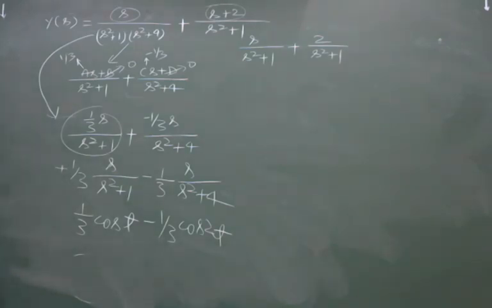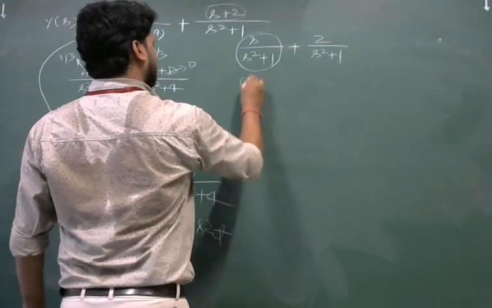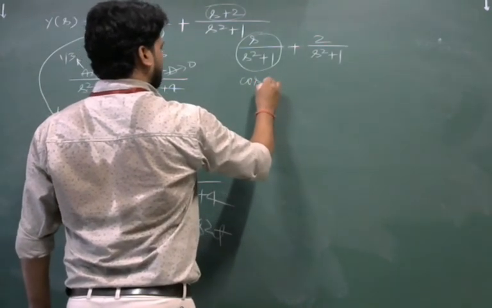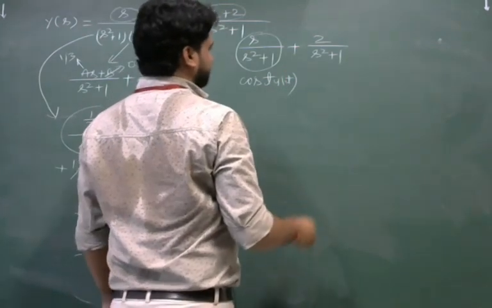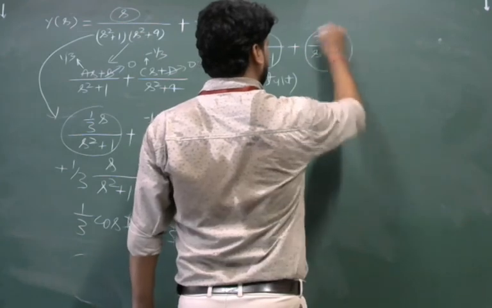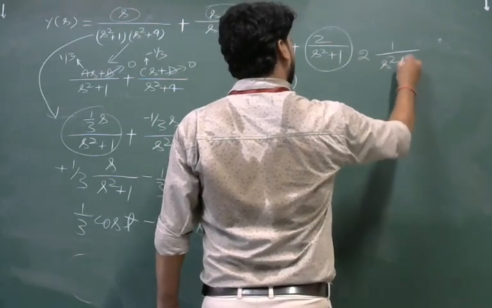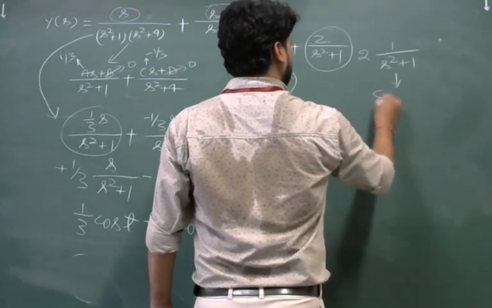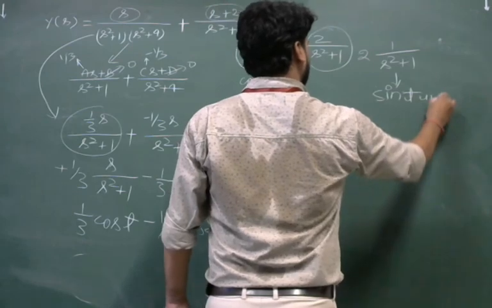And from here also, the term s upon s square plus 1 is the Laplace transform of cos t u(t), and for this we can write 2 into 1 upon s square plus 1, which is the Laplace transform of sin t u(t).